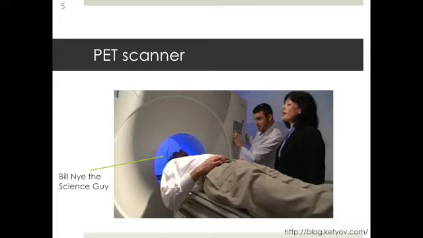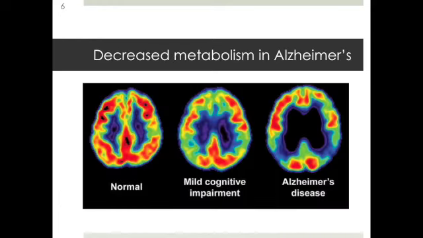And one of the good reasons for using a PET scanner is that PET is very useful for detecting radioactive isotopes and therefore metabolites, chemical metabolites of the brain. And so there are certain disorders and diseases that are associated with decreased metabolism, such as of oxygen and dopamine. So Alzheimer's is one of them.